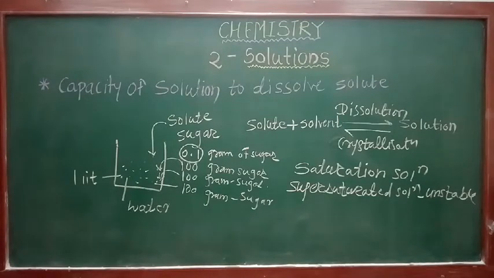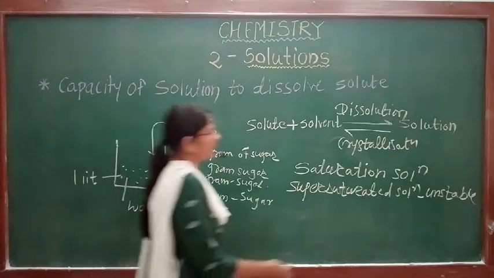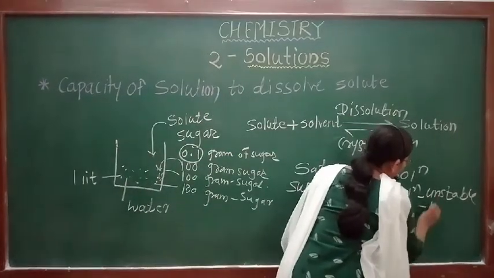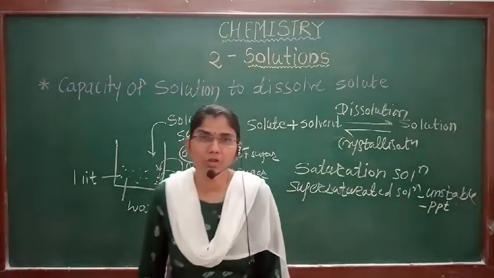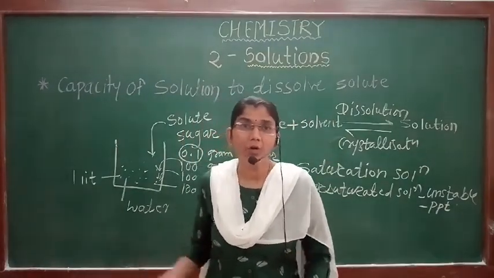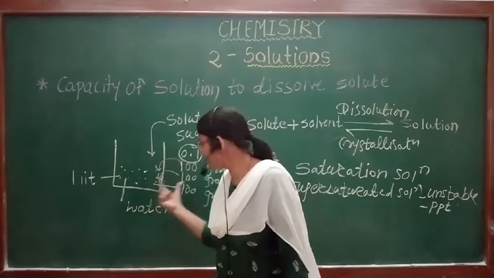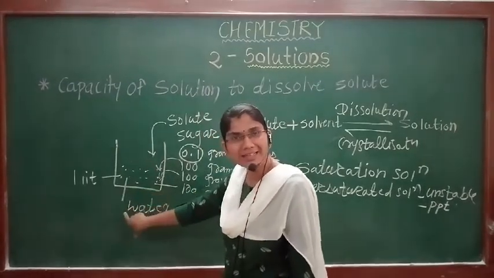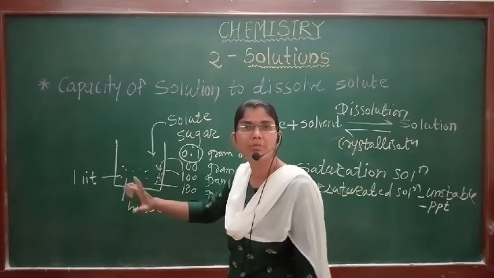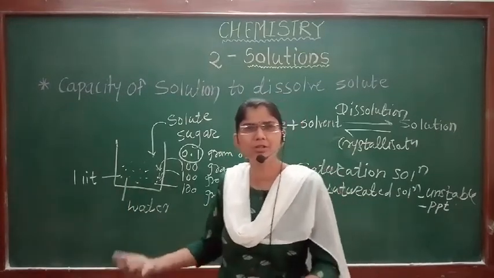And therefore precipitation will be formed here, because the capacity of the solution to dissolve the solid is only, suppose, 300 gram of sugar dissolved in that 1 liter of solvent to form a solution. This is the capacity of that solution.